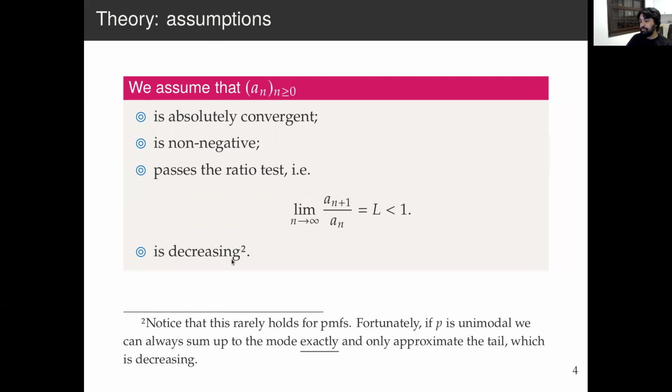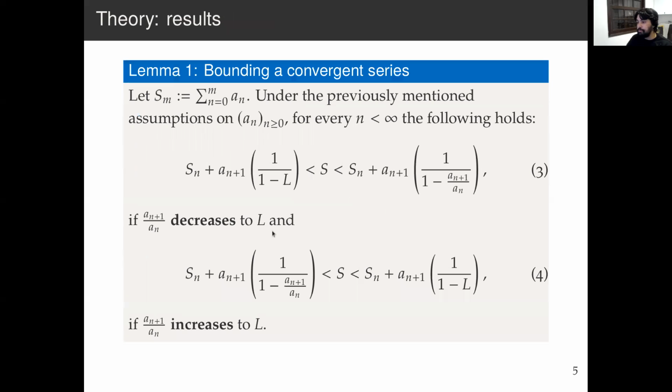And we're also going to have to assume that it's decreasing, which you might counter is weird because PMFs are rarely strictly decreasing. But what you can usually do is sum up to the mode, quote unquote, exactly, and then just approximate the tail. So that's also not a deal breaker.